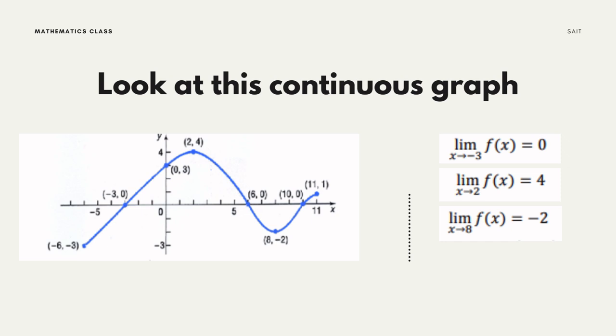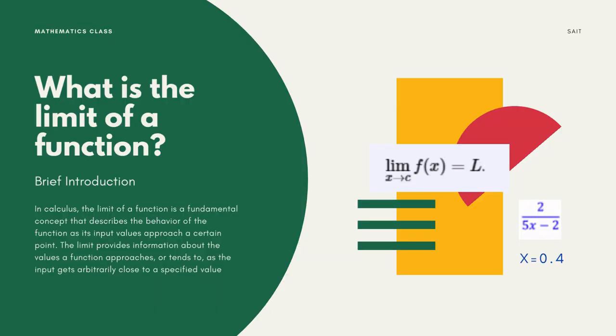Once more, this is a continuous graph, and we want to see what the limits are. This is the notation that we use for a limit: the limit of a function in terms of x when x is getting close to, or approaching, -3. This notation was also introduced in the previous slide. This is the general form.